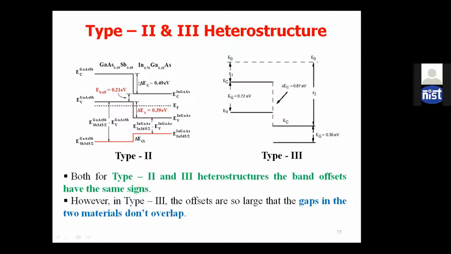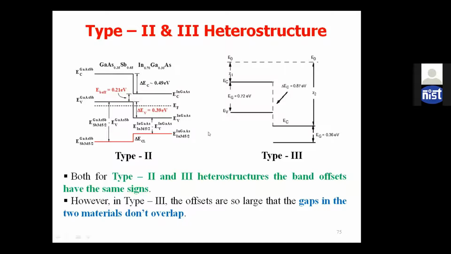So this one is delta EC. Similarly, this is the valence band of gallium arsenide antimonide, and this is the valence band of indium gallium arsenide. And now, if you find the delta EV, this energy minus this, both have the same sign, that is around 0.49 eV and 0.39.